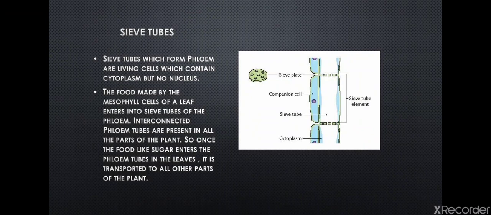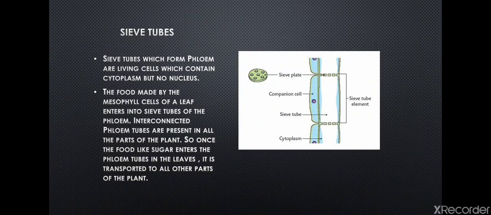Fine. The food made by the mesophyll cells, or photosynthetic cells, of a leaf enters the sieve tubes of the phloem. These interconnected phloem tubes are present in all the parts of the plant.